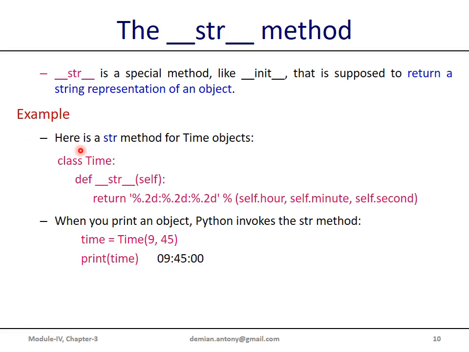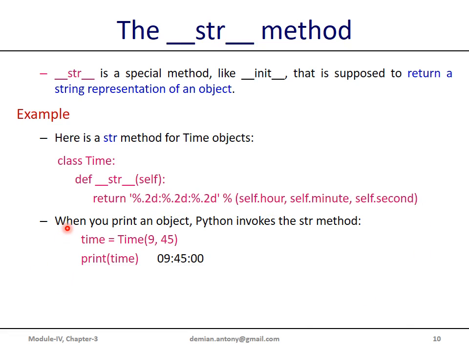We'll take up the same class Time, and we display the time in terms of hours, minutes and seconds. So we define a method with def double underscore str double underscore with the subject. Self is the object, subject, and this returns a string representation of this object, that is hour, then minute and seconds, with 2 digits for each of these values.